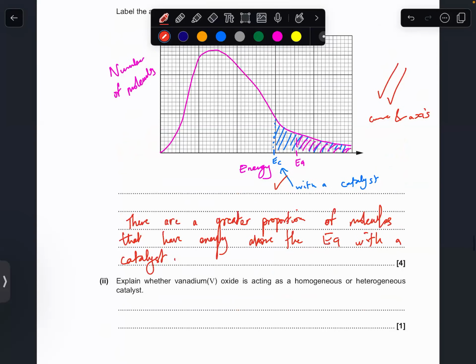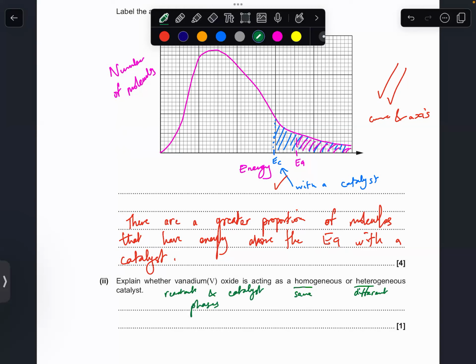Whether vanadium oxide is a homogeneous catalyst or a heterogeneous catalyst. The prefixes of homo and hetero. Homo is same, hetero is different. Same what, different what? It's in relation to the reactants and the catalyst in terms of the phases.